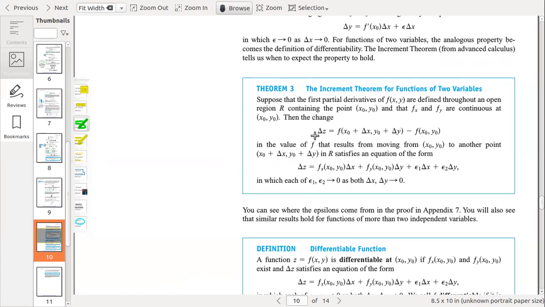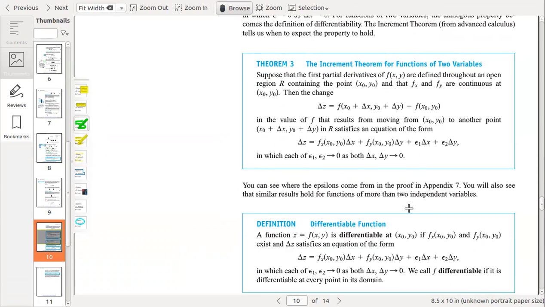Then the change f of x naught plus delta x, y naught plus delta y, minus f of x naught, y naught in the value of f that results from moving from x naught, y naught to another point in R satisfies an equation of the form.